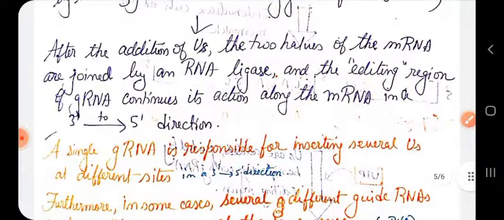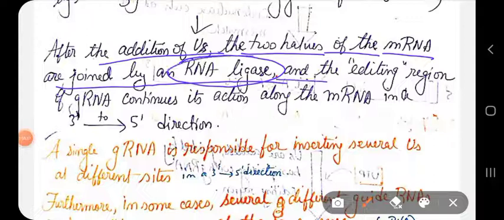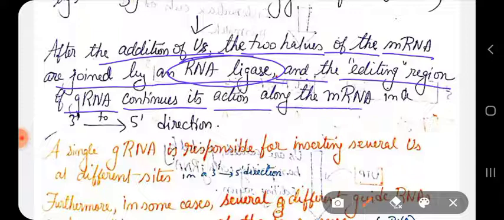Now, after addition of multiple U, the two halves of the mRNA are joined by RNA ligase, and the editing region of the guide RNA continues its action along the mRNA.